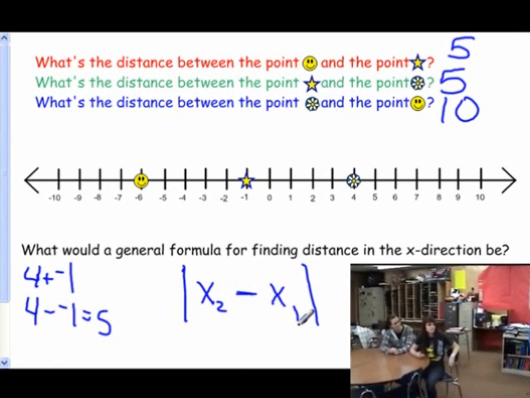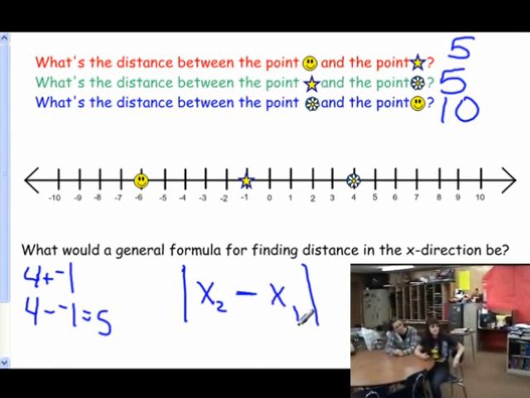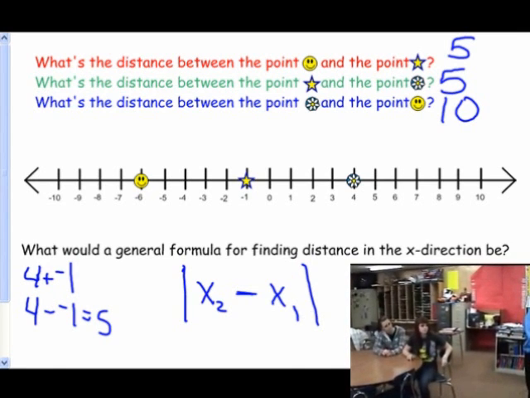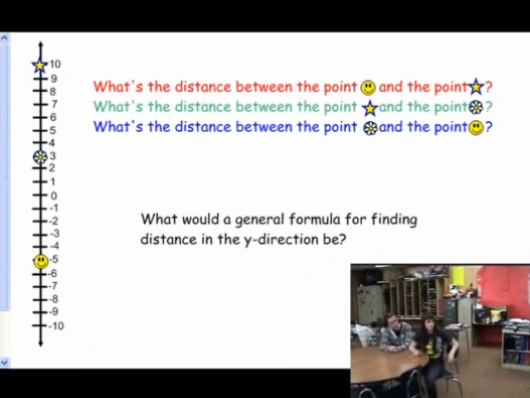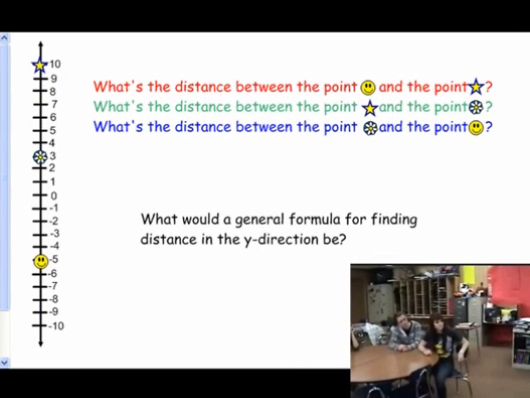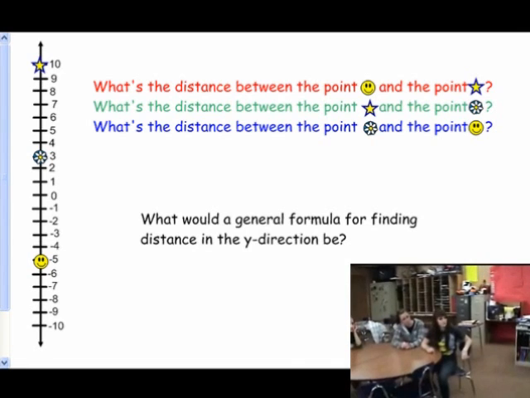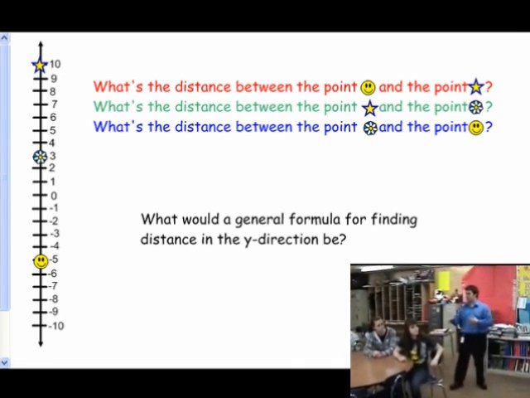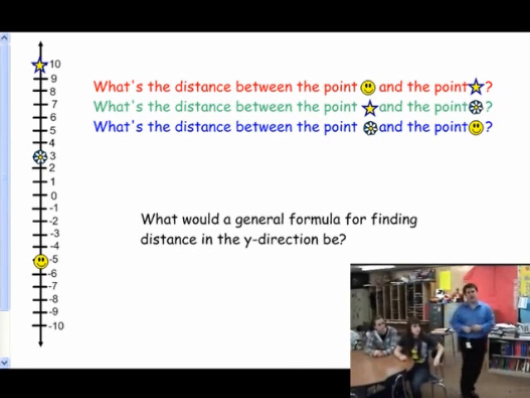Minus. Okay, so there's a minus in there, and we'll go on either spot of that minus: x1 and x2. Does it matter which order? No, I'm just going to say let's put the second one first and x1 later. Okay. So that's the distance in the horizontal, the x direction.